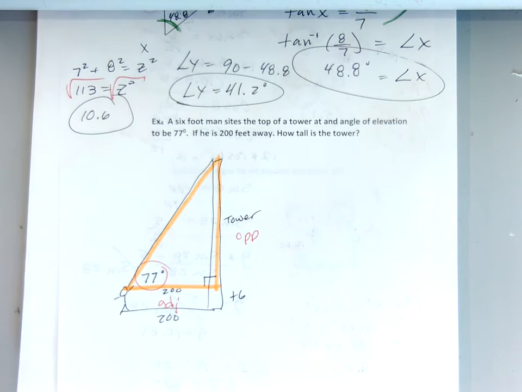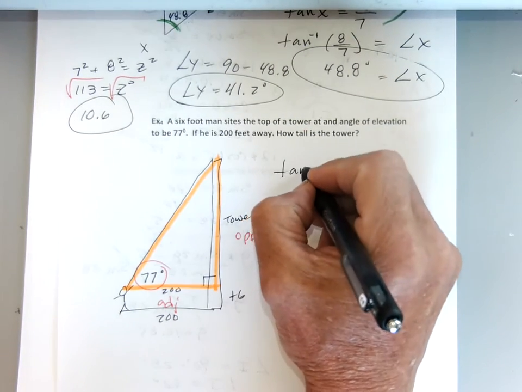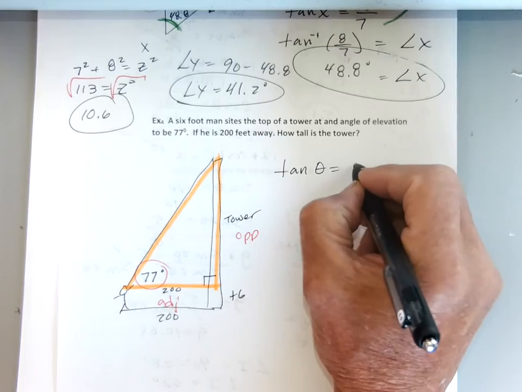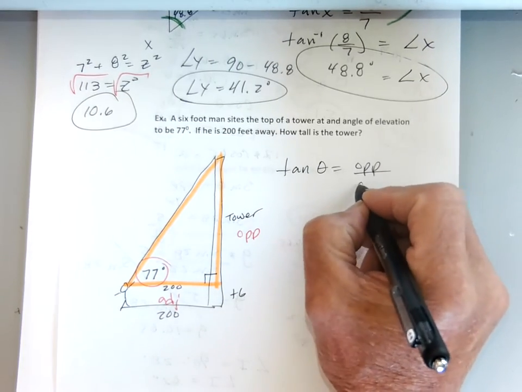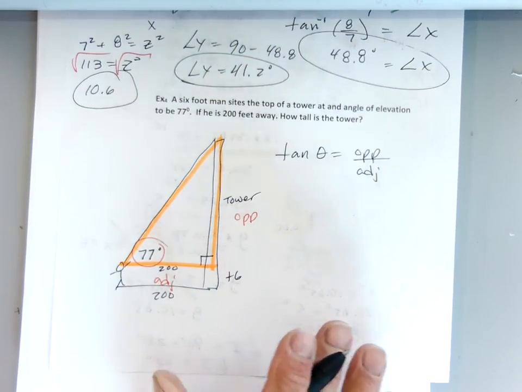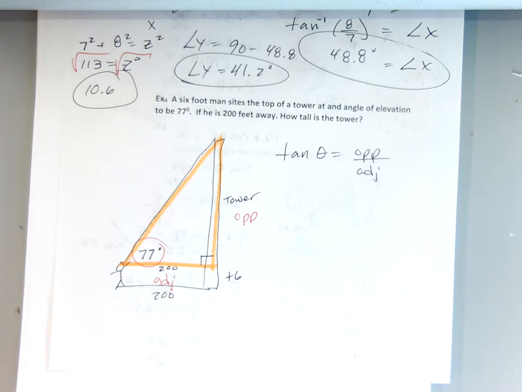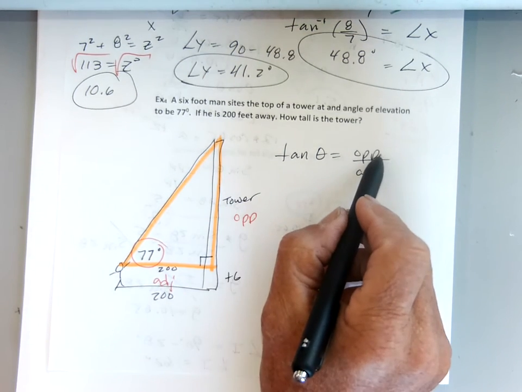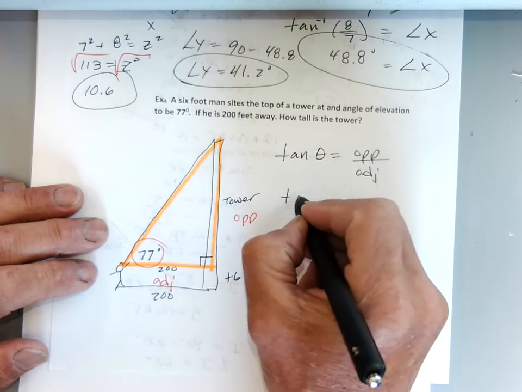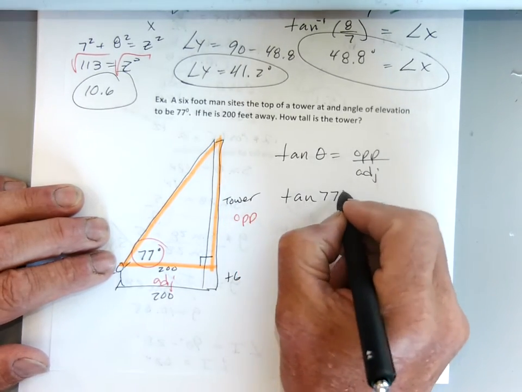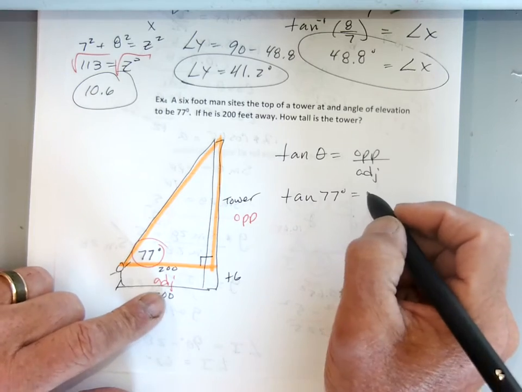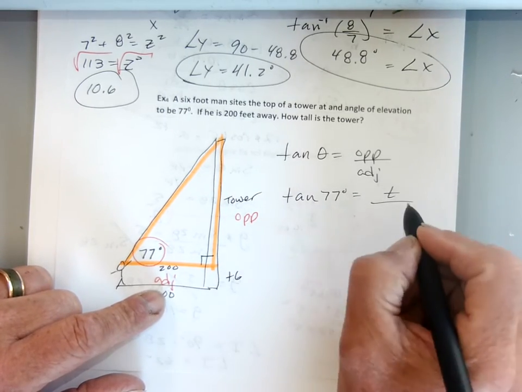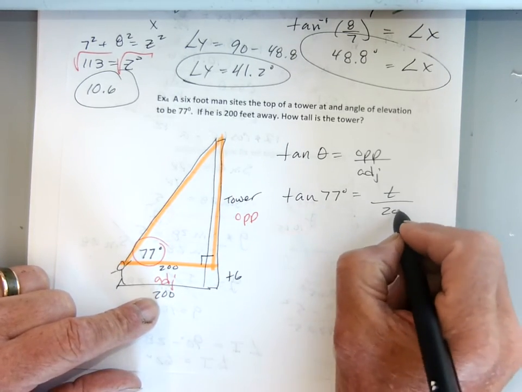So again, opposite adjacent. Which one is going to be up there? Opposite adjacent. Tangent, right? So we'll set up tangent of theta equals my opposite over my adjacent, right? But theta is really my angle, so I'm going to put 77 there, and my tower we'll just call it t. So I'm going to go tangent of 77 degrees is equal to my opposite, I'll call it t for tower, over my adjacent, which is 200, right?